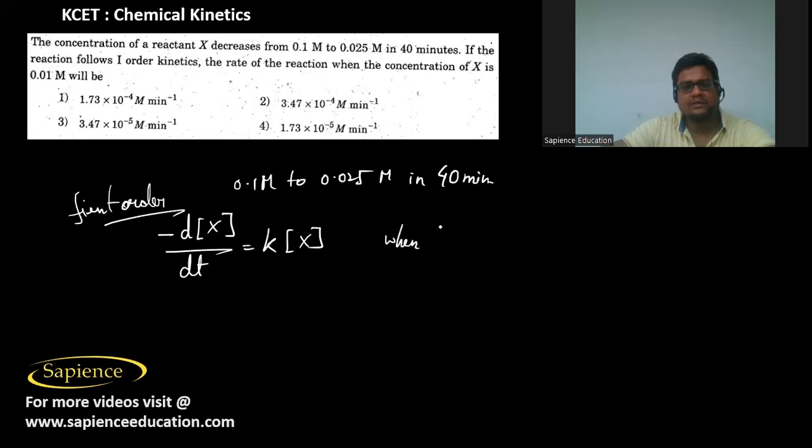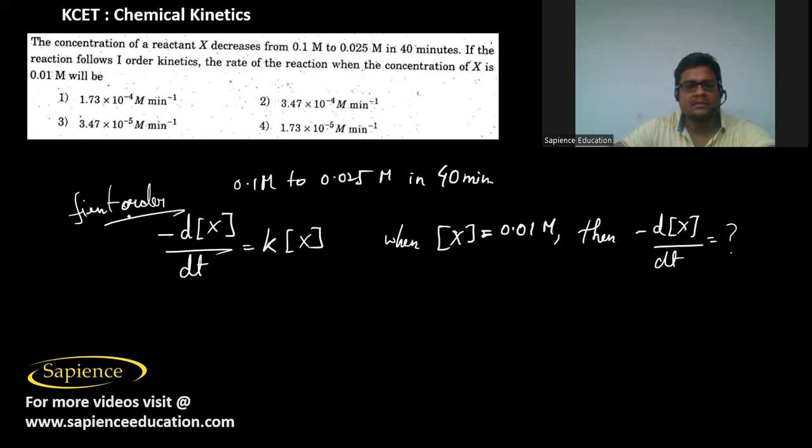It is asked that when the concentration of X is 0.01 molar, the rate of the reaction, that is minus dX by dt, will be how much? So we need to find the rate constant k.